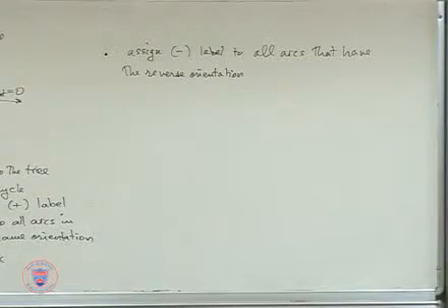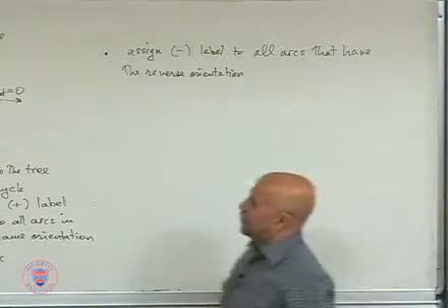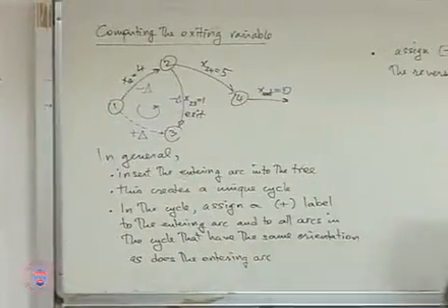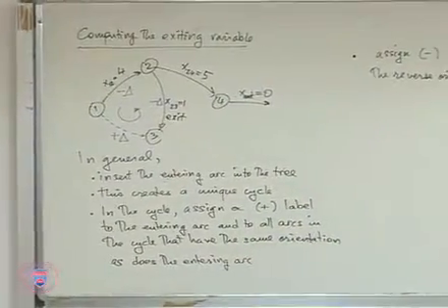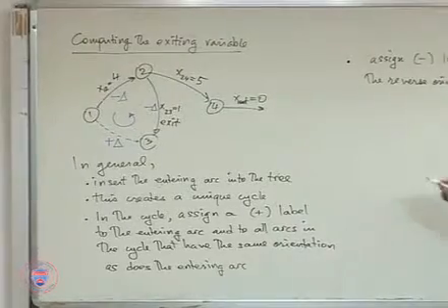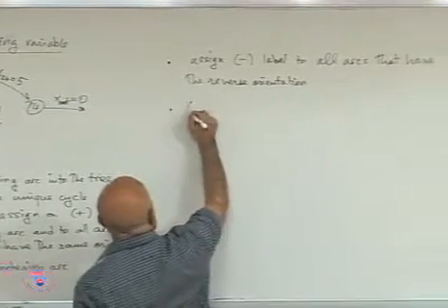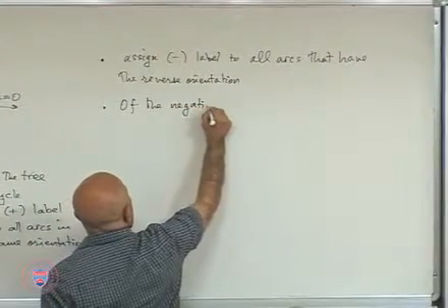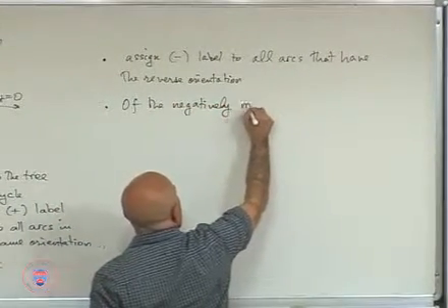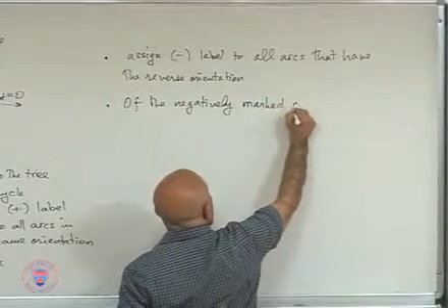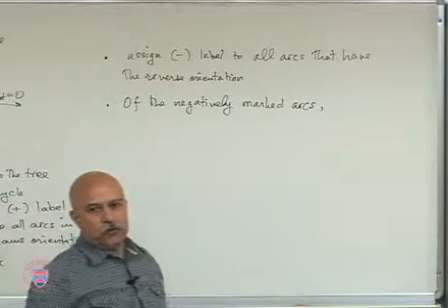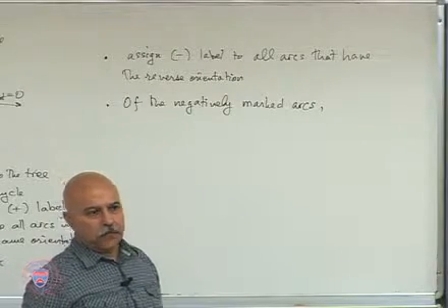Okay? In this case, of course, both basic arcs in the cycle have reverse orientation, so they both received minus. Of the negatively marked arcs in the cycle, choose one that has a smallest flow value.